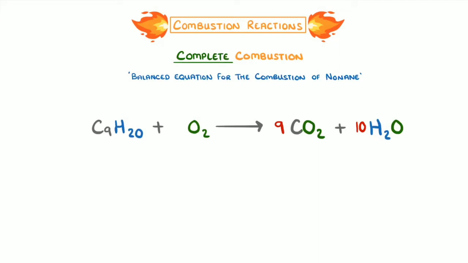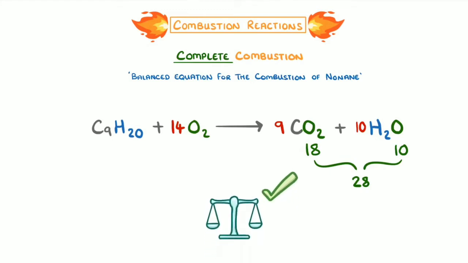Then lastly, we just need to balance the oxygens. So there's 9 times 2, or 18, in the carbon dioxides, and 10 in the waters, which is 28 in total. So on the left, we must have 14 O2 molecules, because that totals 28 oxygen atoms. And that's it, our equation now balances.